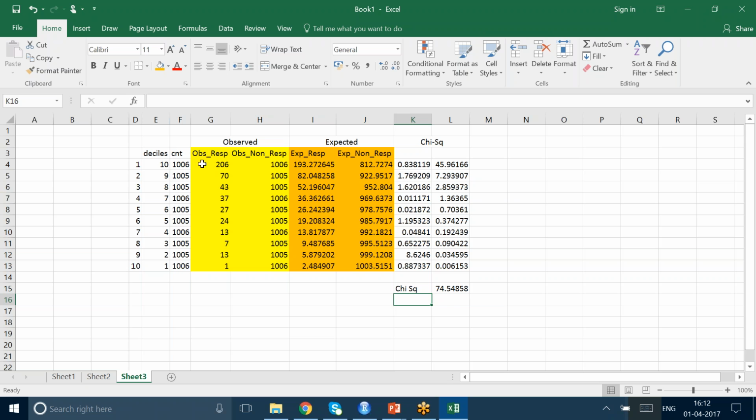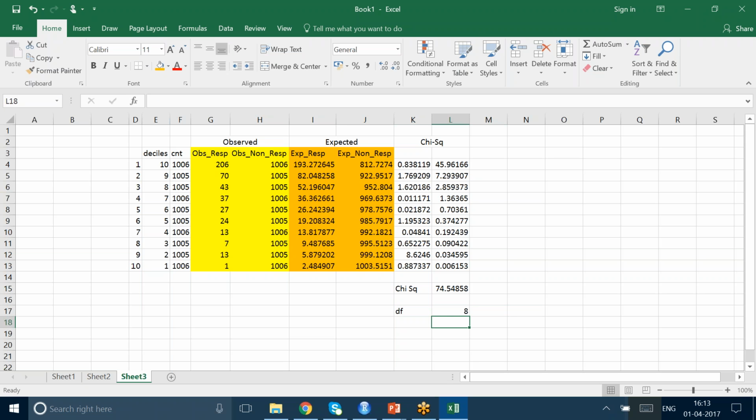How many rows are there? 10, so 10 minus 1 is 9. How many columns are there? 2. I should not count 4 because this is the observed table; based on the observed table's combination of rows and columns, I am creating the expected. So my degree of freedom is 9, but typically for this kind of modeling, they have said that the degree of freedom should be taken as 8.